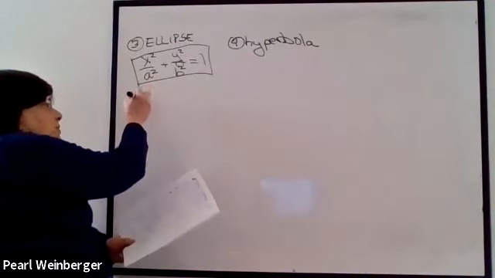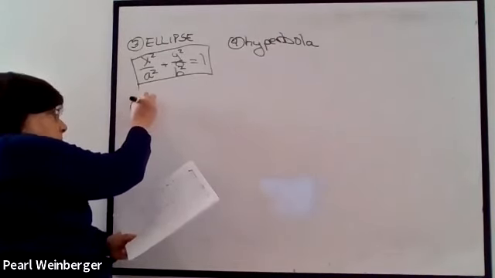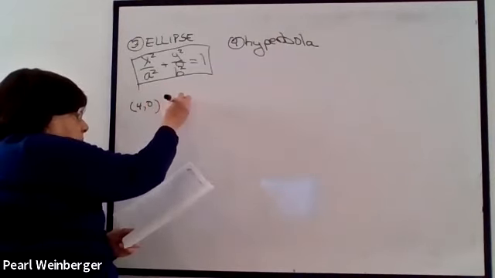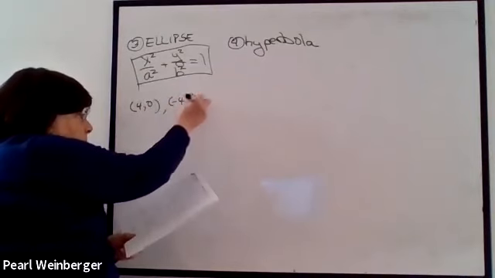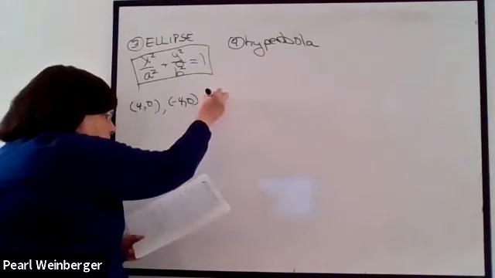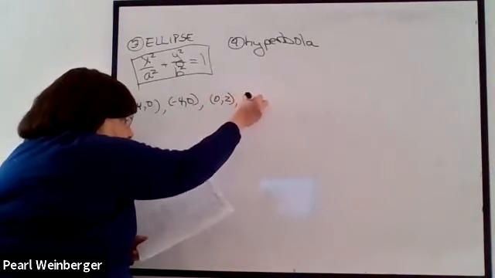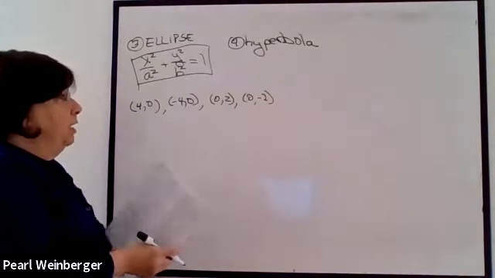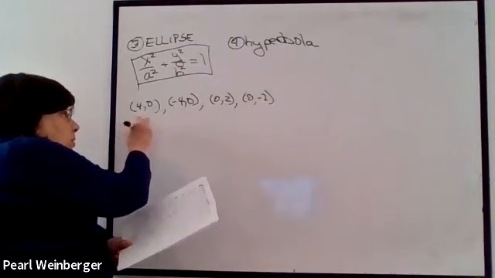The ellipse has the following intercepts: (4, 0), (negative 4, 0), (0, 2), and (0, negative 2). Okay, I want you to write the equation. What's the equation of the ellipse?